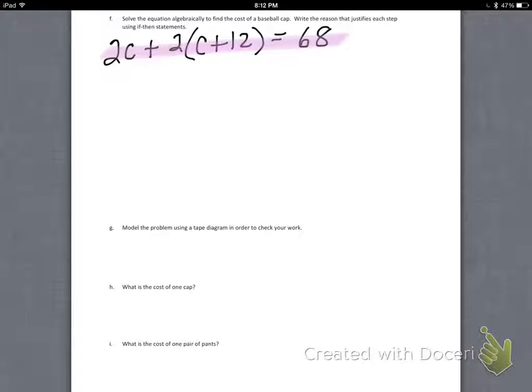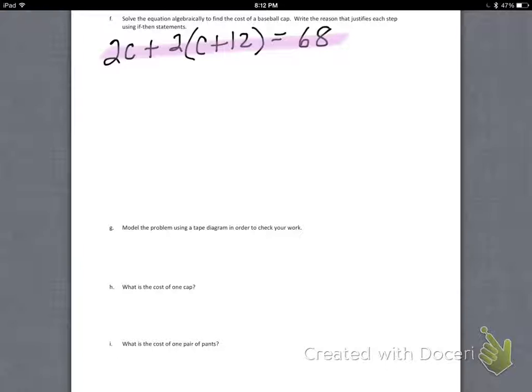You might have come up with something that looked like this: 2c plus 2 times the quantity c plus 12, in parentheses. You can see the 2c equals the 2 caps, and then the 2(c plus 12) equals the number of pants. That would have been one way, but we're going to just use this way right here.